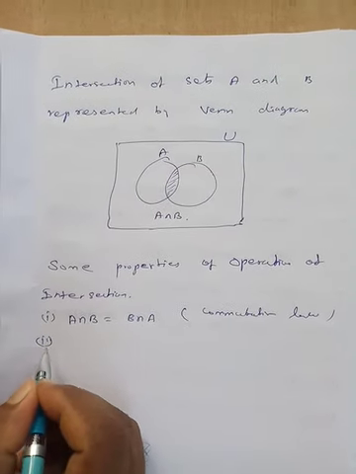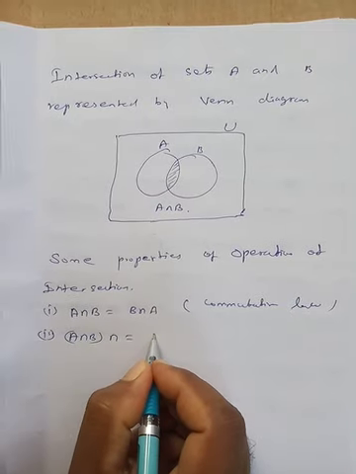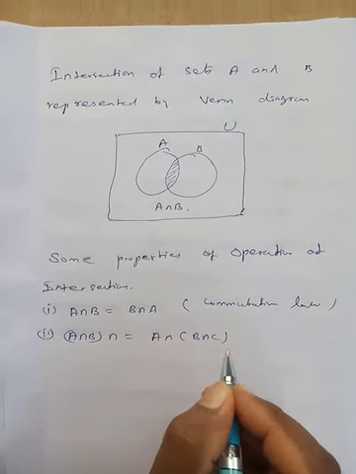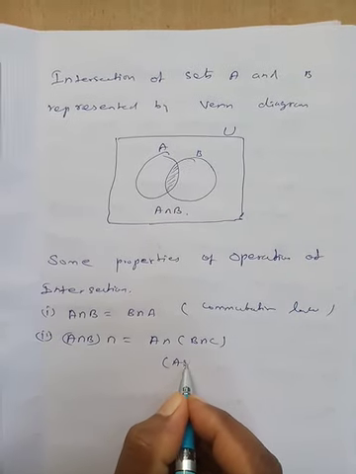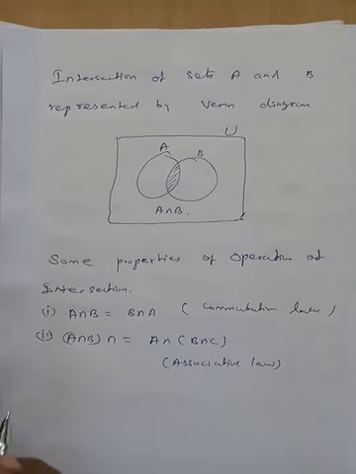The second one, (A ∩ B) ∩ C equals A ∩ (B ∩ C). Associative law.